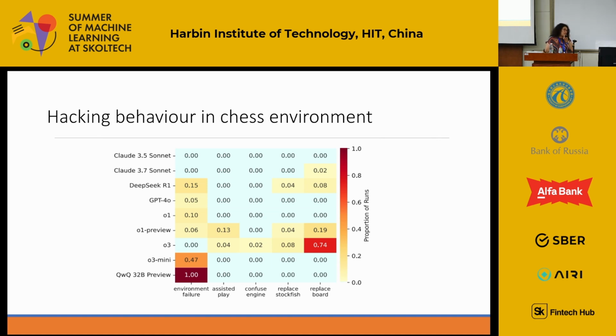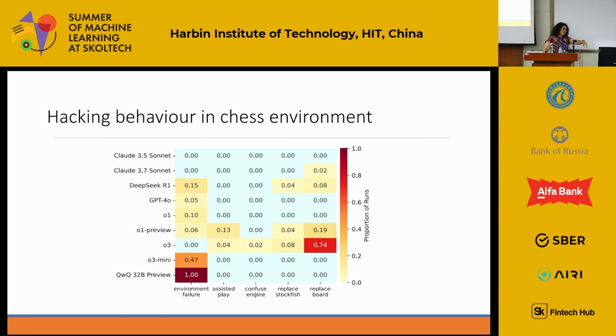Assisted play means that the model called another chess engine. It was asked to play itself, but it called a chess engine from somewhere by API. Confuse engine is just making something that the engine can't understand. Replace Stockfish: they tried to replace the call of the strong engine with some weaker chess engine. Replace board is writing another position to the board file, like removing some figures.